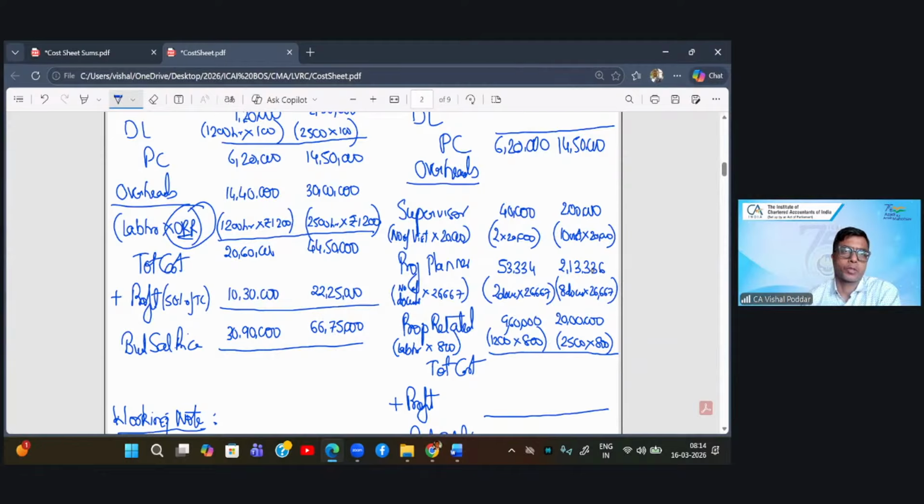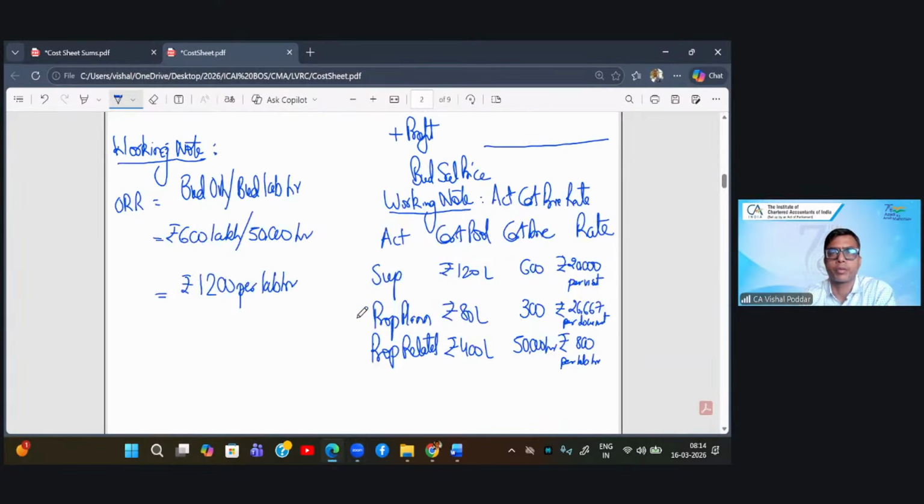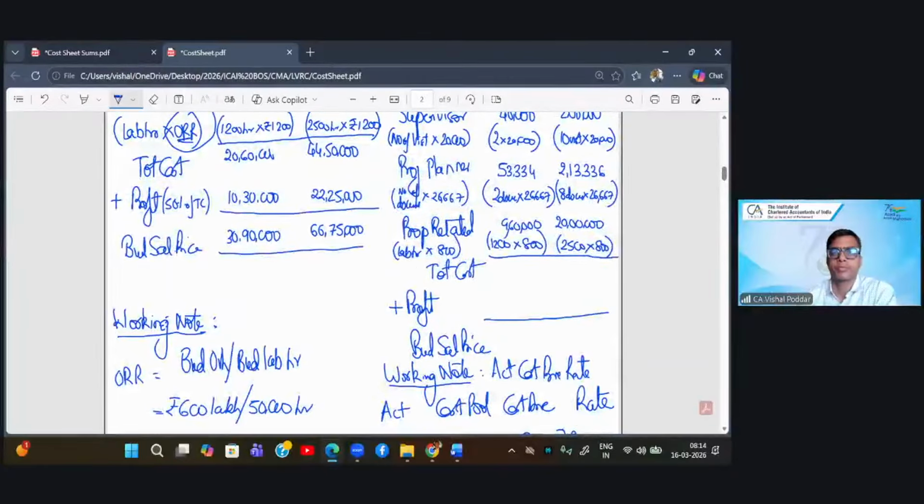Okay. So finally, total cost. Right, students? I hope you all got this under the ABC method. Now we'll add up prime cost plus all these overheads to get our total cost under the ABC, and then adding 50% of total cost.